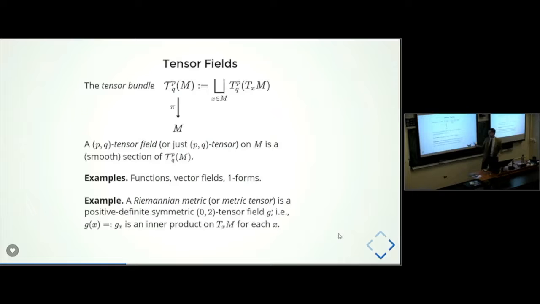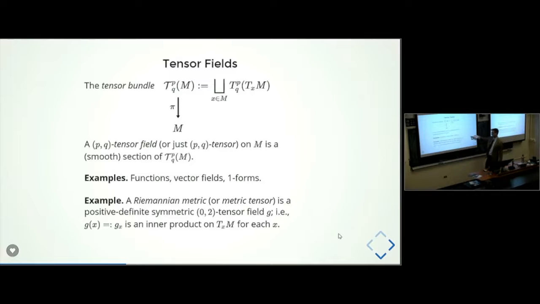It's positive definite, meaning that if I put the same vector in both slots, I get a non-negative number. It's symmetric, meaning if I swap which ones go where, I get the same thing. I guess I should have said non-degenerate too. Oh, positive, yeah, sorry. Right, I said positive definite. I had in my head positive semi-definite.